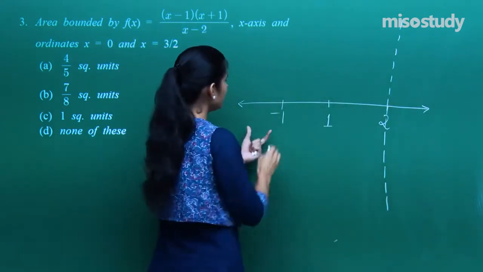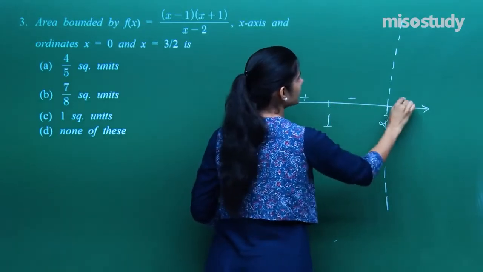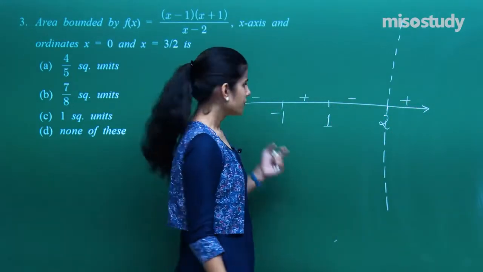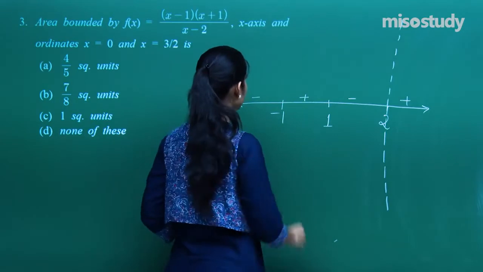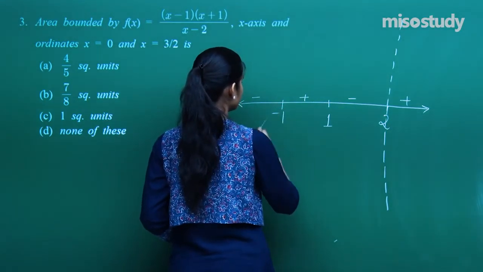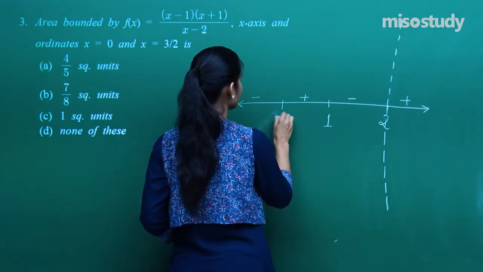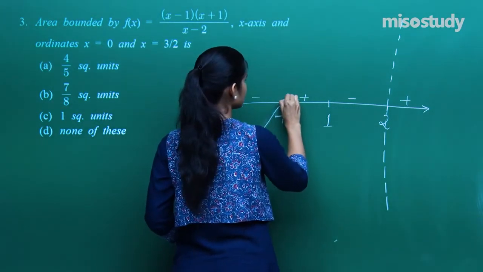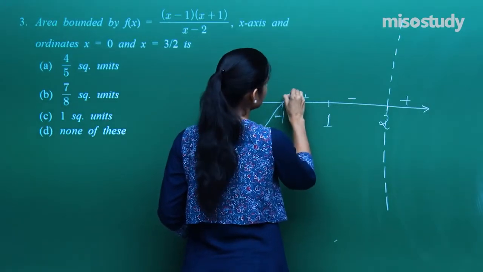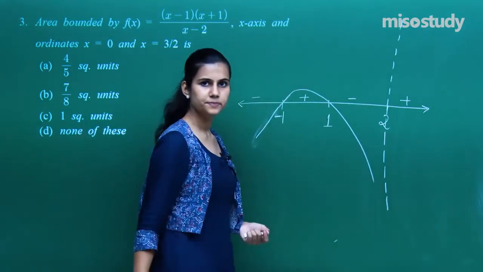Now if you can see, before -1 it's negative, here it is positive, negative, and then positive. So if that's the behavior exercised by fx, I can clearly see how the graph is going, and it's continuous and differentiable. That is very important. So its graph is basically going to go something like this. From here till 1 it will be positive and then negative.